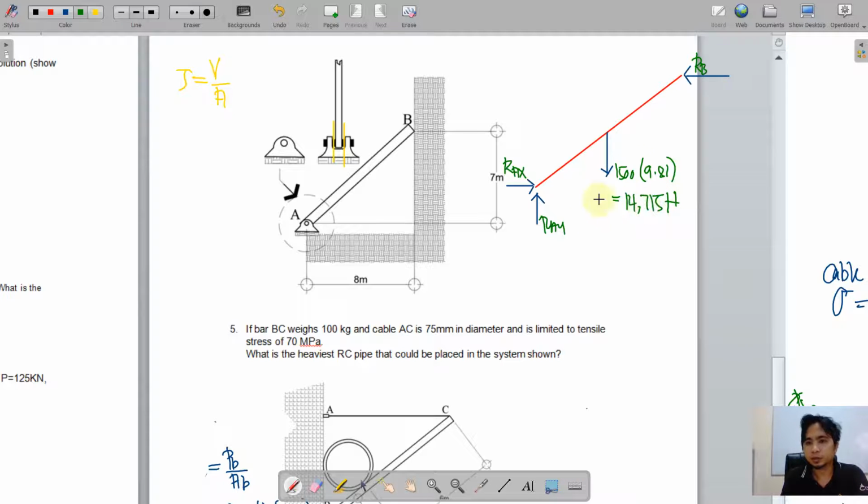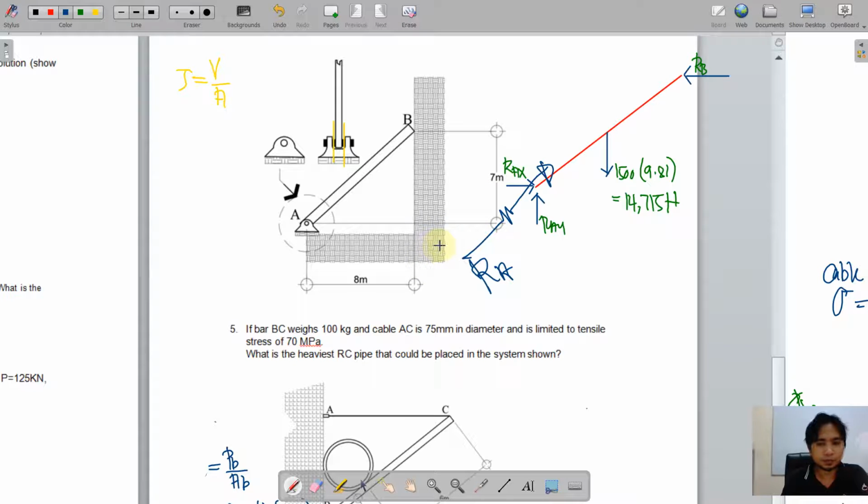Okay, so our task is to get RAX and RAY so that it will act as the shear force on the support. Okay, so there will be this resultant RA with the RAX and RAY.